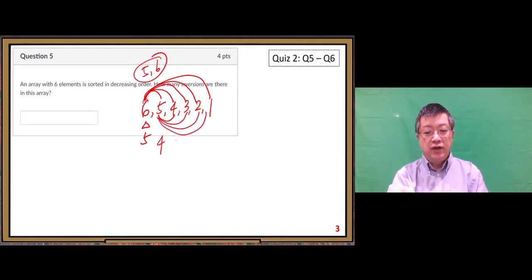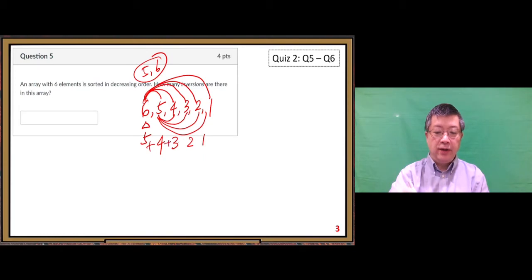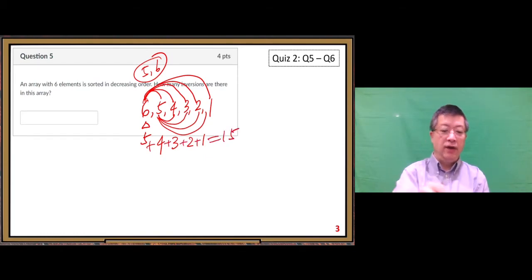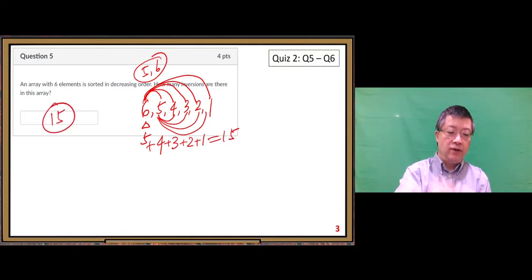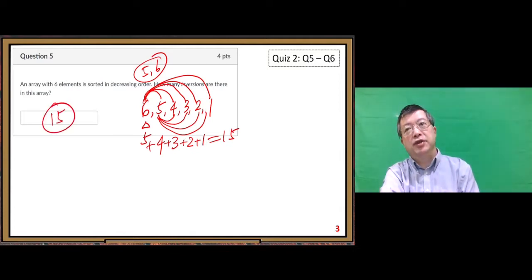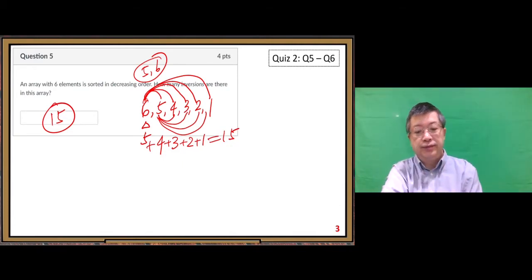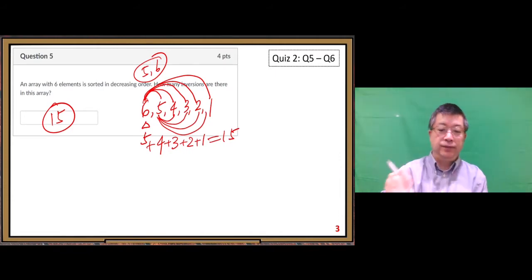Then 4, 3, then 3, 2, 1. Adding together, you get 15. That's the answer. That's the way we find the number of inversions.